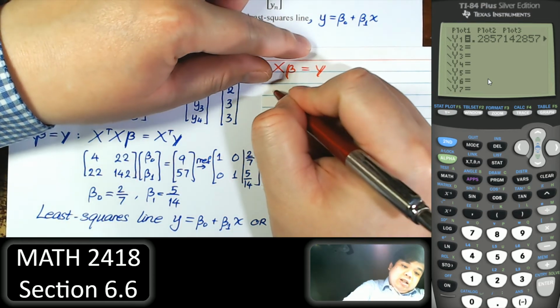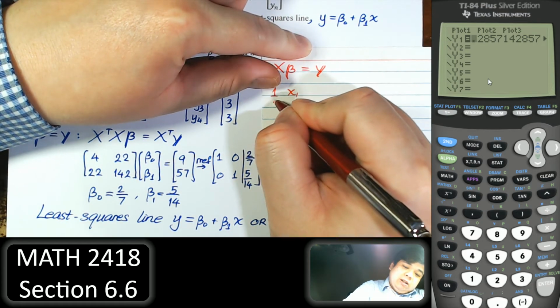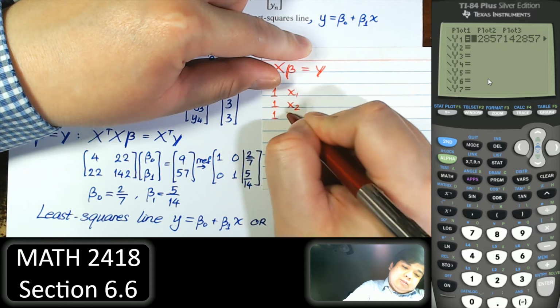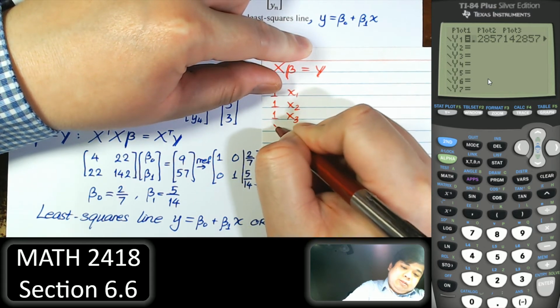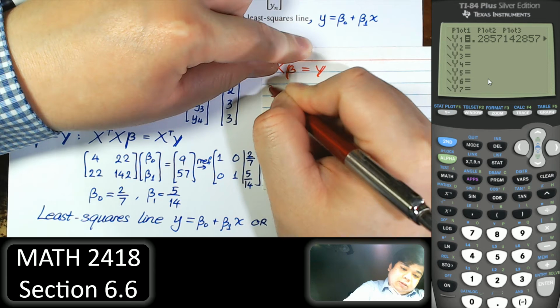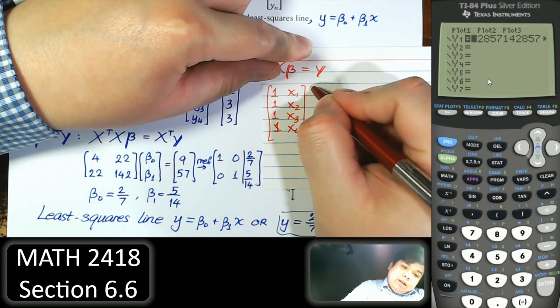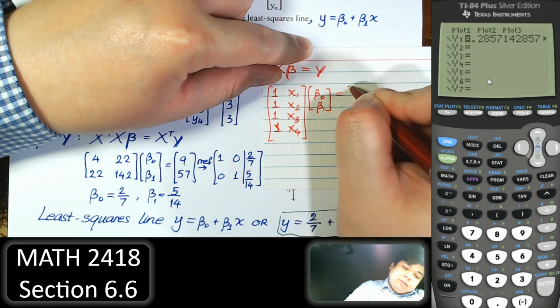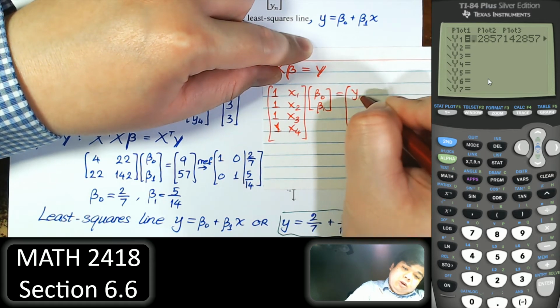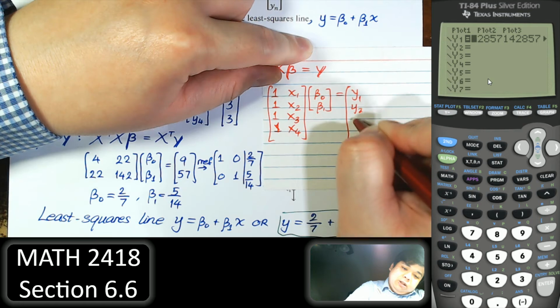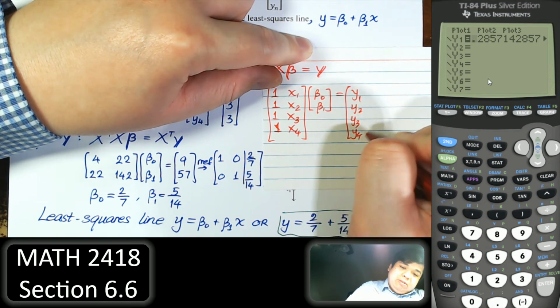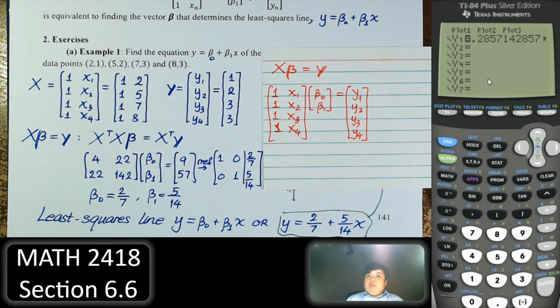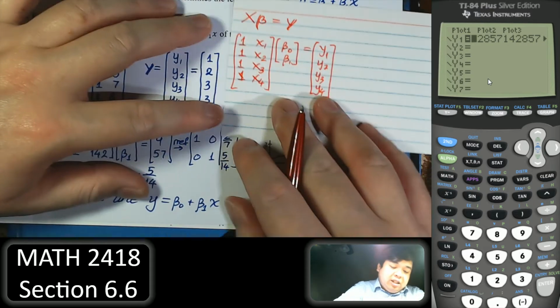I'm just going to write in terms of x1, times beta naught, beta 1, equal to y1, y2, y3, y4. Right? That's the equation. Now let's multiply this out and see what we get.